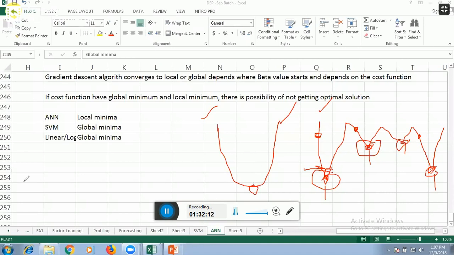So for SVM and linear, logistic or any generalized linear models, there is only one global optimal minimum. You will not have so many minima in the cost function. Are you clear?